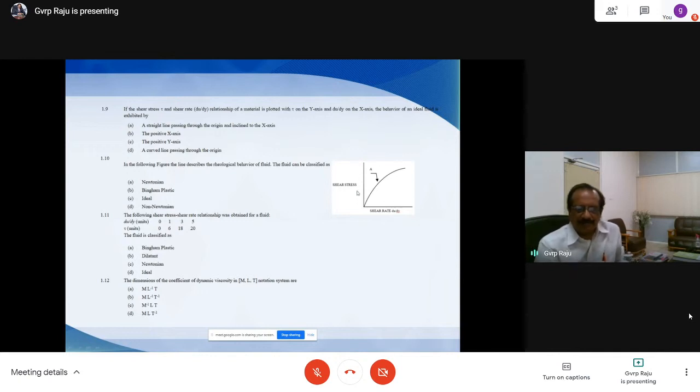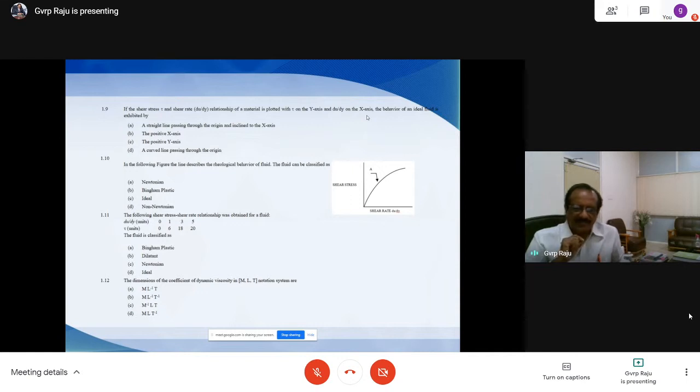It has shear stress on the y-axis and shear rate on the x-axis. So the behavior of the ideal fluid: when I mentioned the types of fluids in yesterday's discussion, whatever the shear stress may be, it will have a continuous deformation. So that is an ideal fluid.